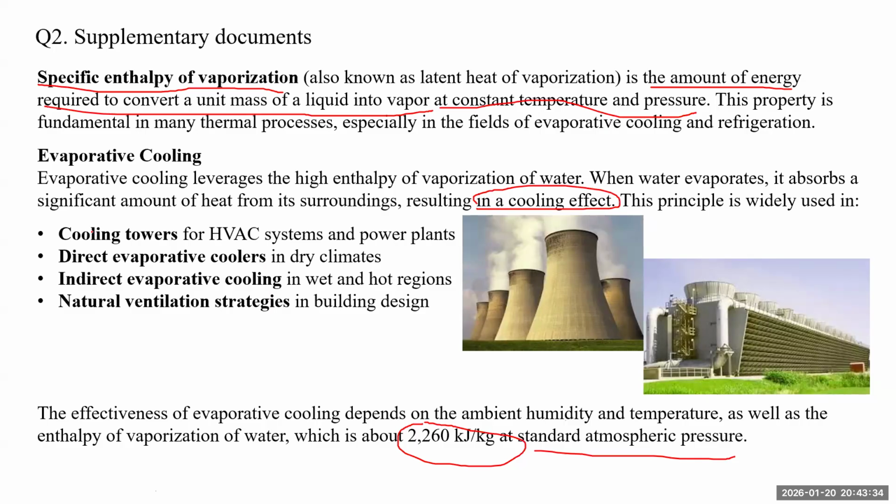One common example is the cooling tower. The cooling tower is used for heat rejection. They use the water to hold the heat and then release the heat when it is vaporized. This is for power plants, where we use water and water vapor to release waste heat. And even for our air conditioner, we have a cooling tower.